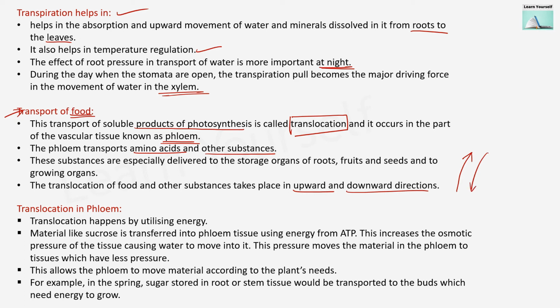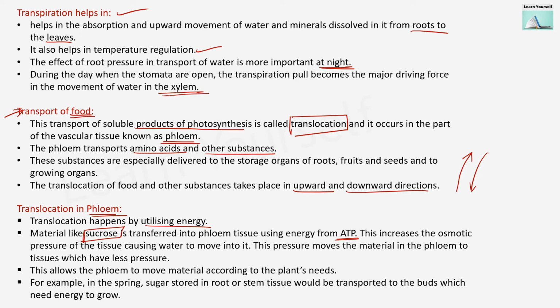Now translocation in phloem. Translocation happens by utilizing energy. Material like sucrose is transferred into phloem tissue using energy of ATP, adenosine triphosphate. This increases the osmotic pressure of the tissue, causing water to move into it. This pressure moves the material in phloem to tissue which has less pressure.